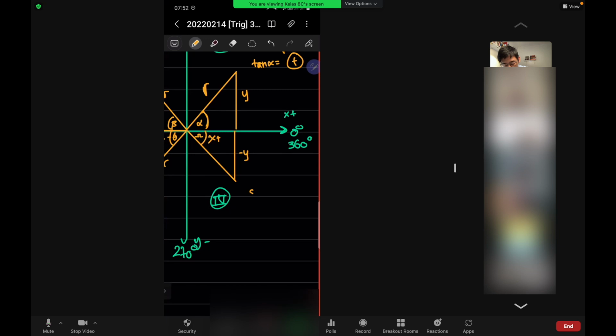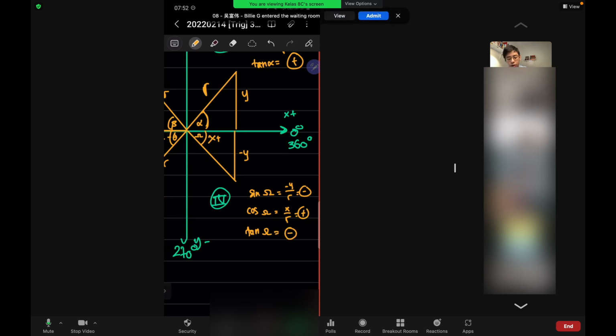Basically omega is rounded like that. Sine of omega is minus y divided by r, so the sine is negative. The cos of omega is x divided by r, so it's positive. The tangent of omega is basically sine divided by cosine, so it's negative.